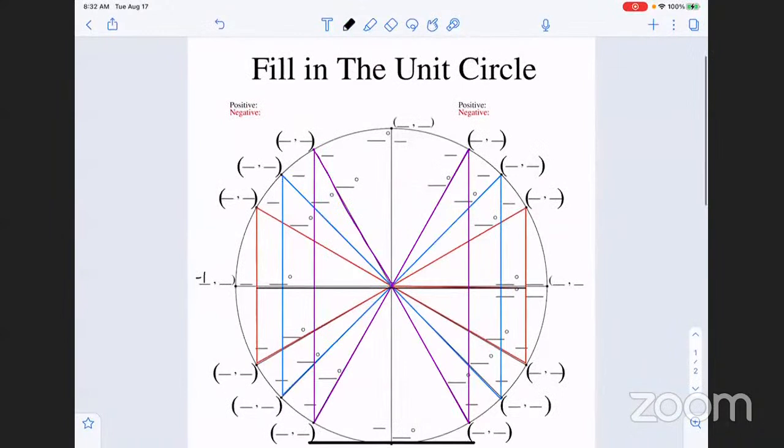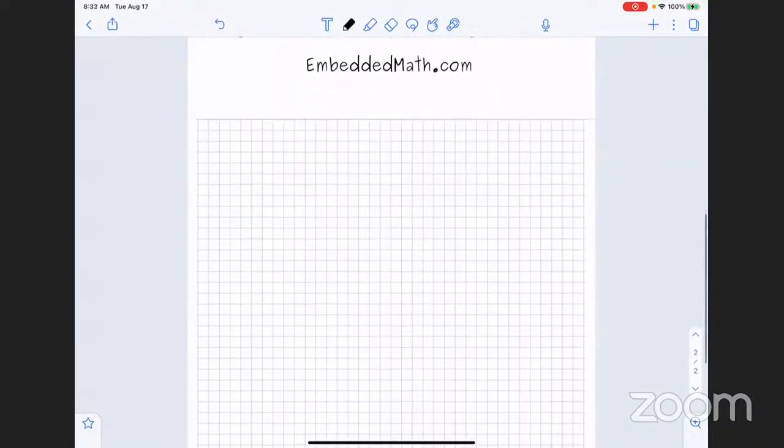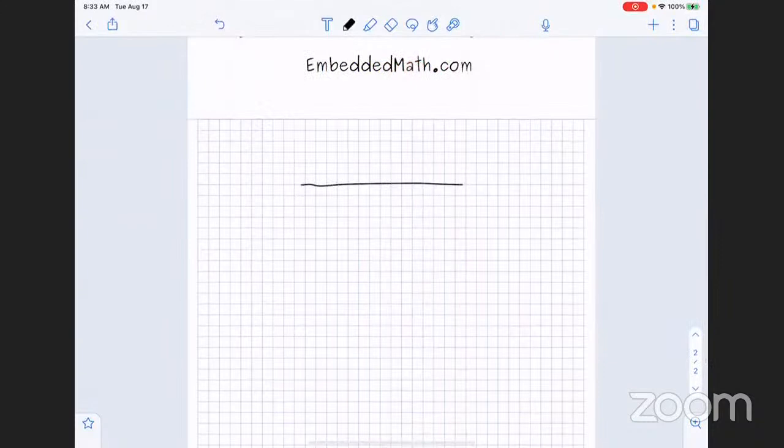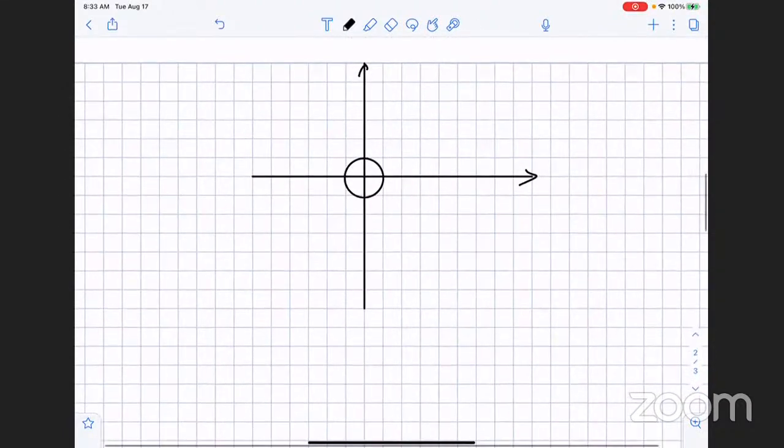As far as the unit circle goes, a lot of you don't know that a unit circle looks really big, but it's actually not really big. It's called a unit circle because the radius is exactly 1 unit. So this is the Cartesian coordinate plane.